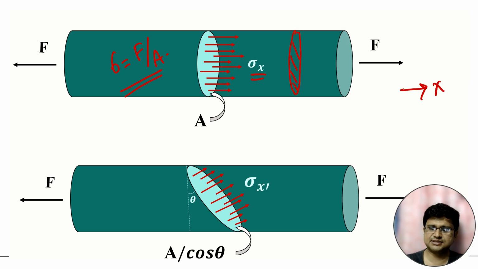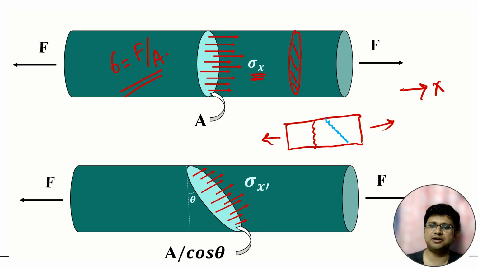But it may also happen that due to this type of load, the failure is not occurring along this particular plane. If it is occurring on the vertical plane, this particular stress is very important. But the failure may occur along some inclined plane, not the vertical plane, at an inclination of theta.